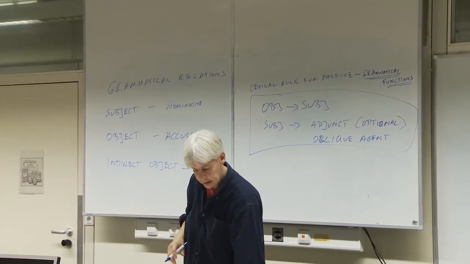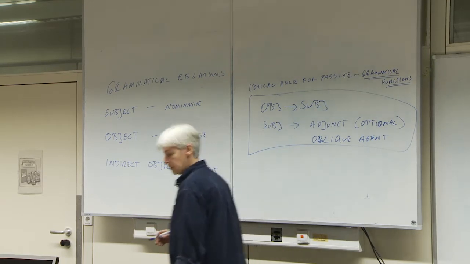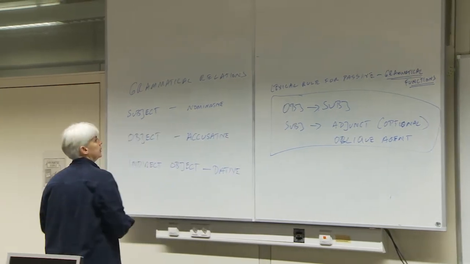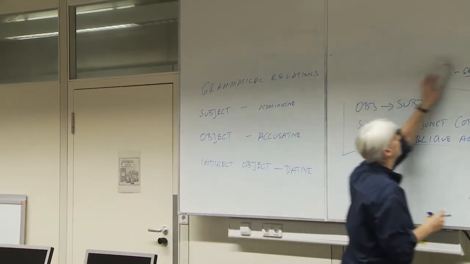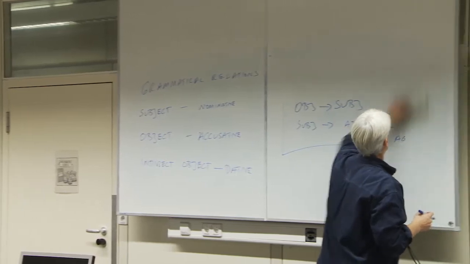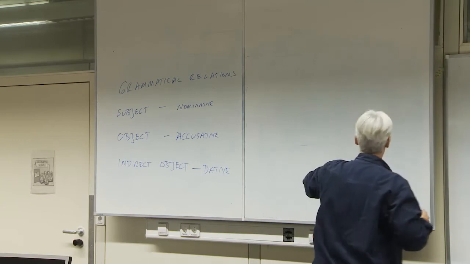Okay, so LFG takes these notions that are around all over the place, but it actually expands these and calls them slightly differently. So I'll just tell you what we have.